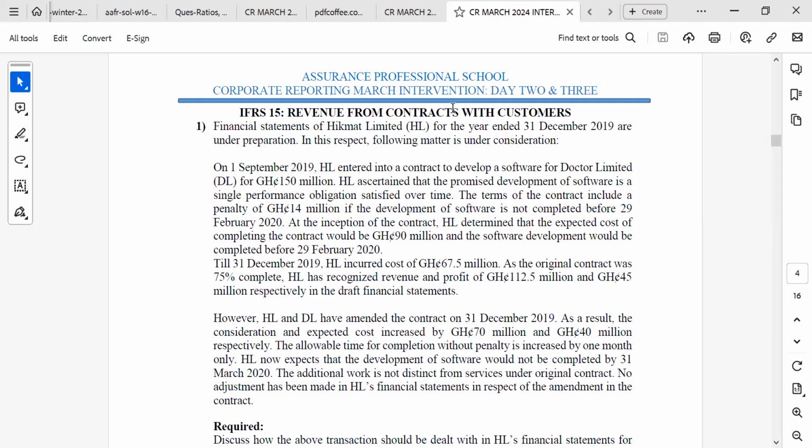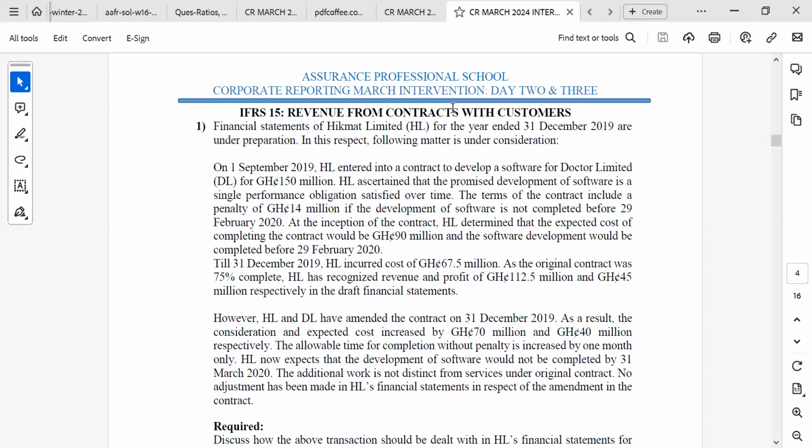The terms of the contract include a penalty of 14 million if the development of software is not completed before 29 February 2020. At the inception of the contract, HL determined that the expected cost of completing the contract would be 90 million, and the software development would be completed before 29 February 2020.